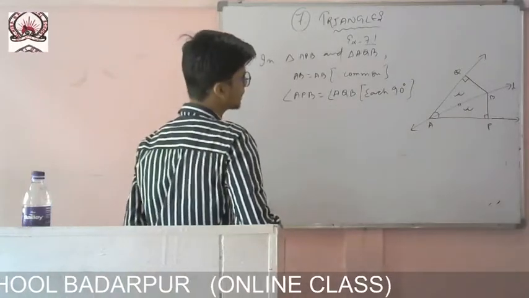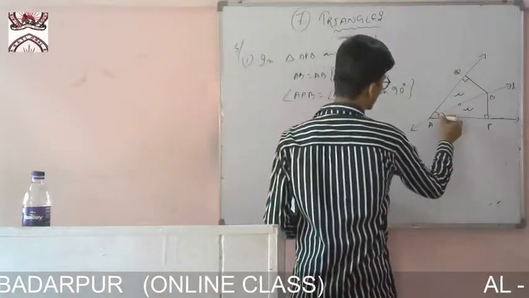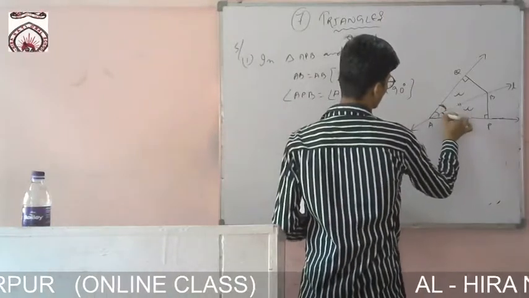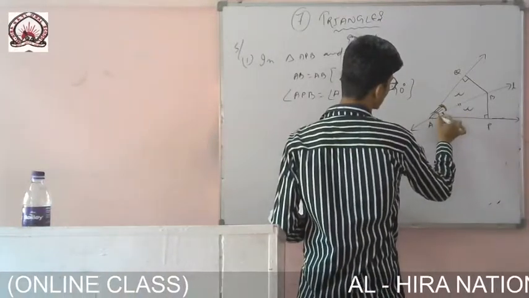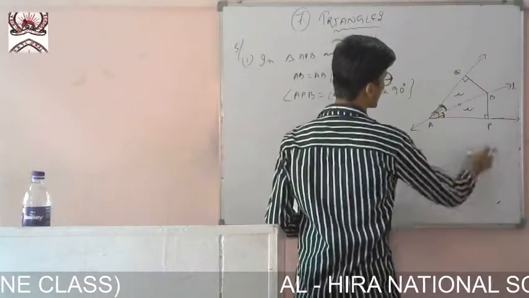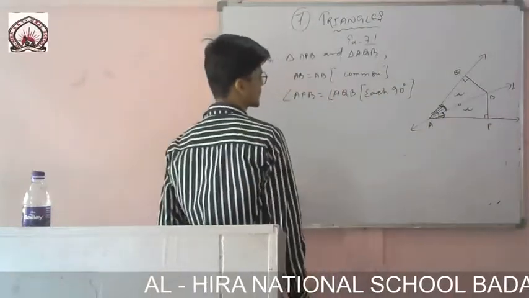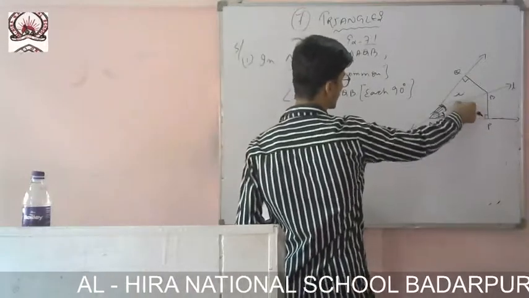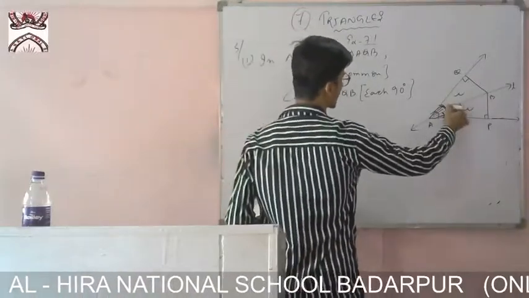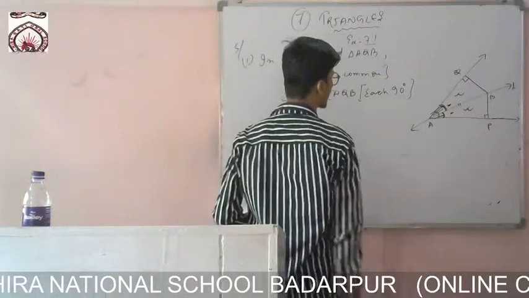And you see that this angle and this angle I can write equal, because this line AB bisects this one. It is given in the question that AB is the bisector of angle A. That means this angle and this angle are equal.